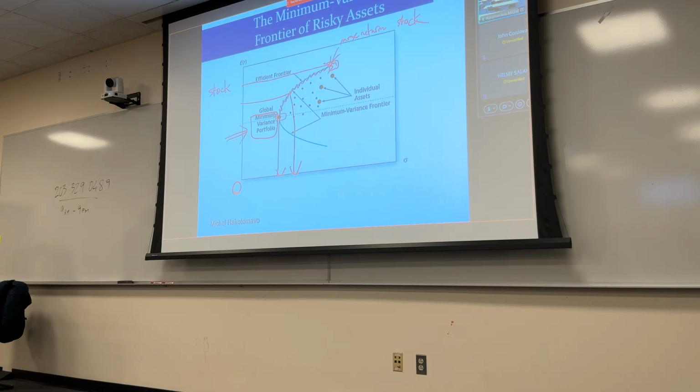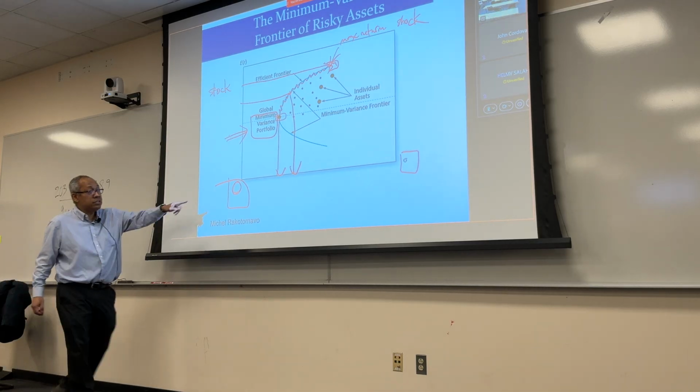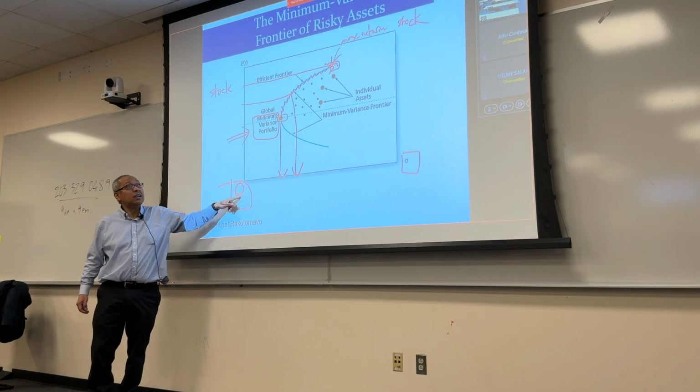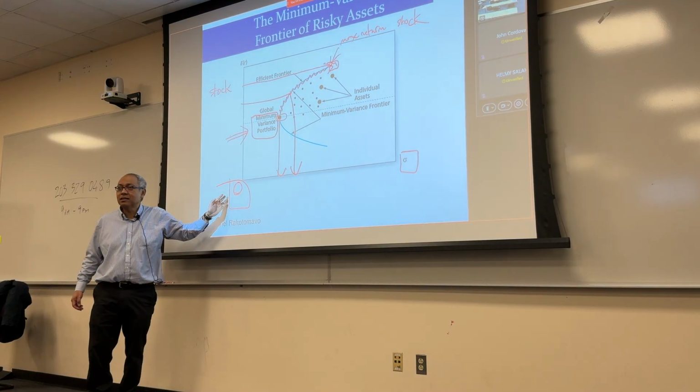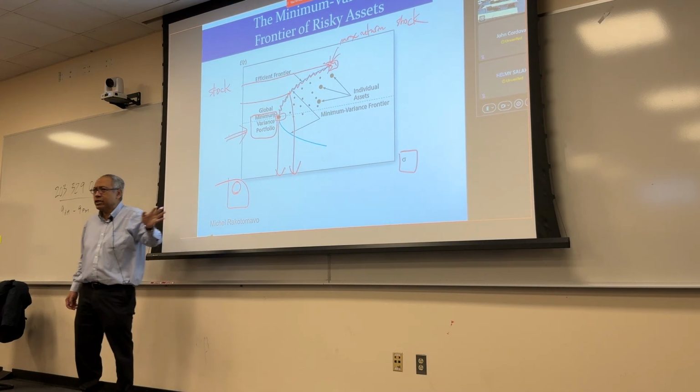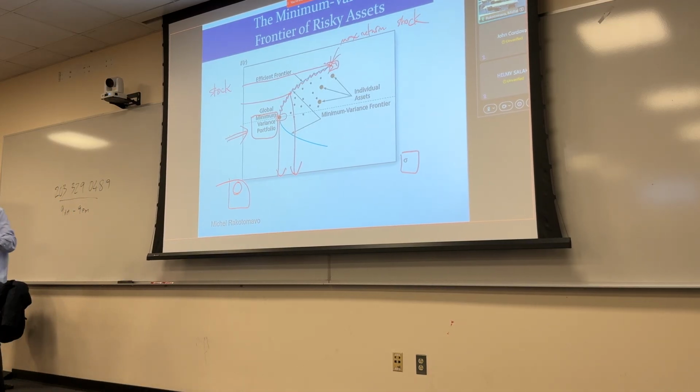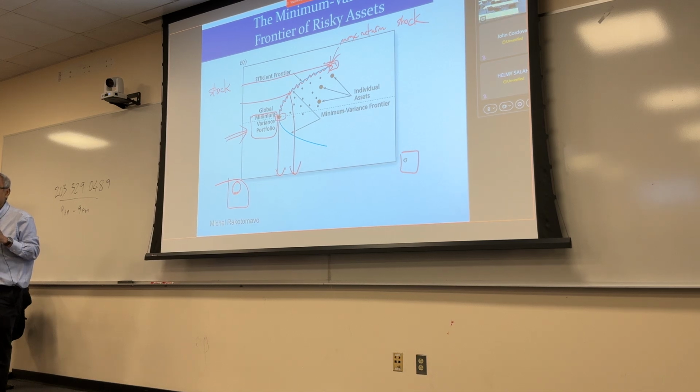Number two, you notice something here: there is no such thing on this picture as a zero-risk asset. Another name for an asset like that is a risk-free asset. The reason we talk about this is that there is no such thing as a risk-free asset.